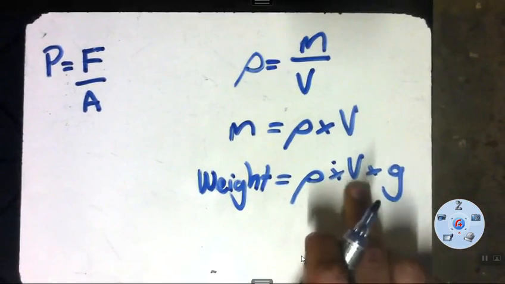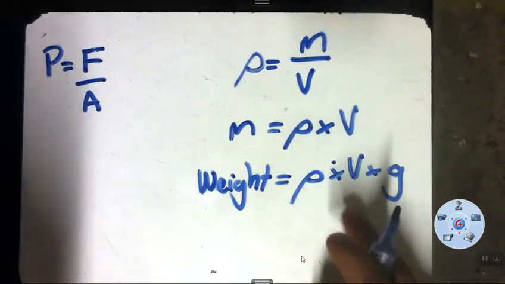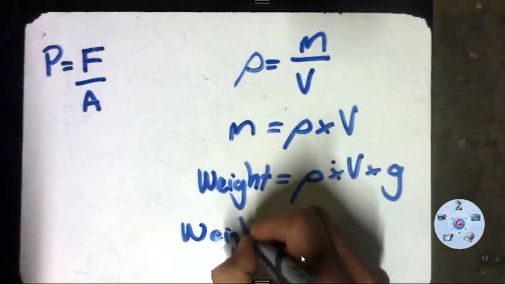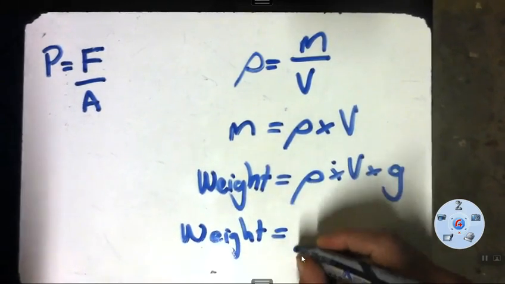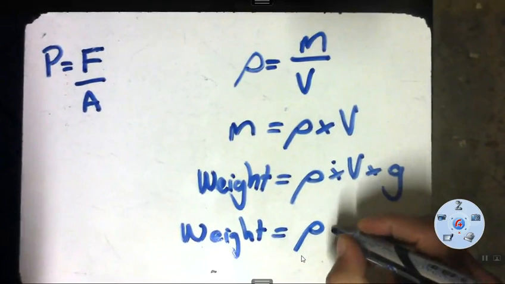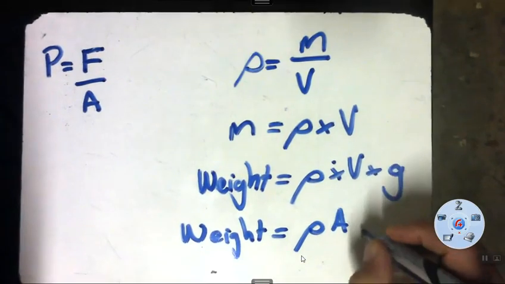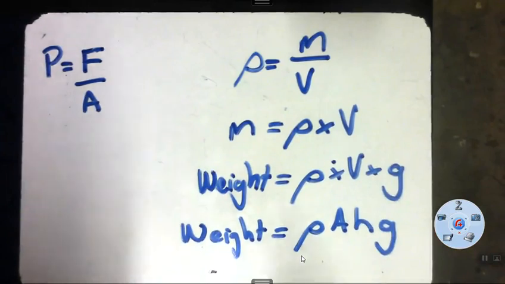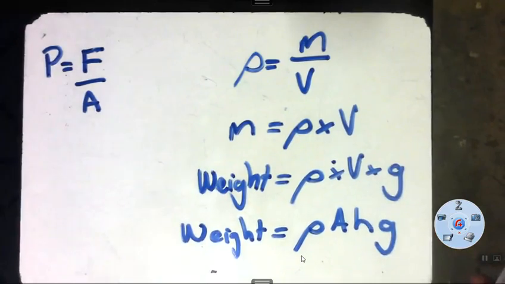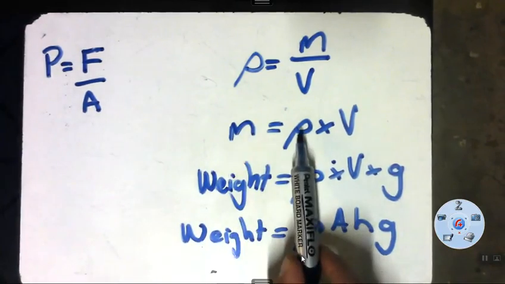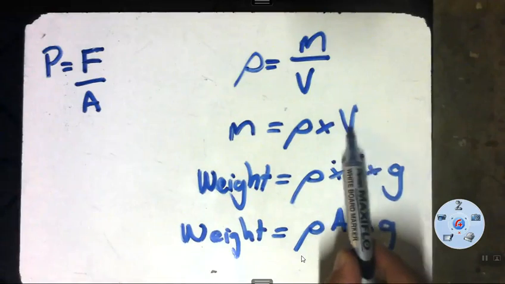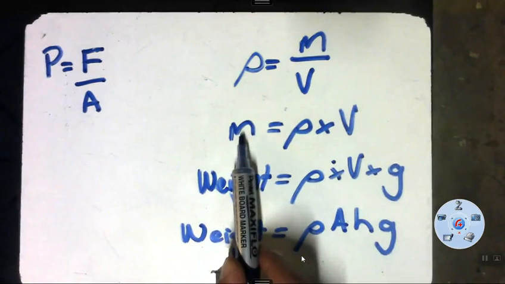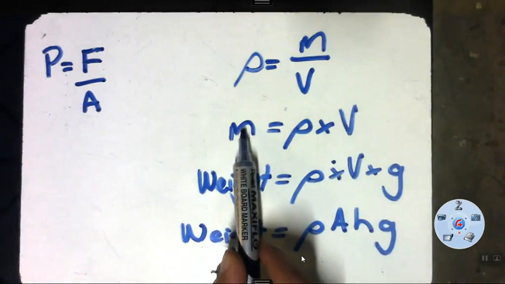And we know that volume is height times area, so the weight is the density, the area, the height, and gravity. So mass is density times volume, which is area times height. If I want to change mass into weight, I times it with gravity.